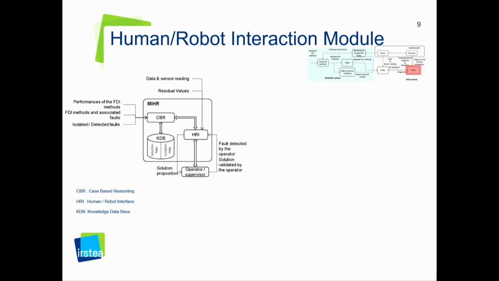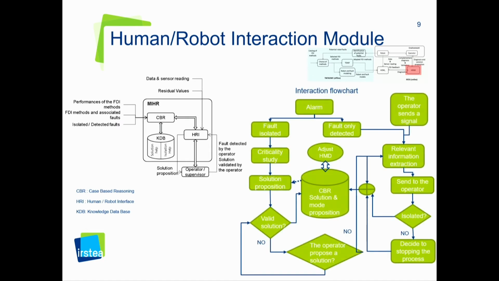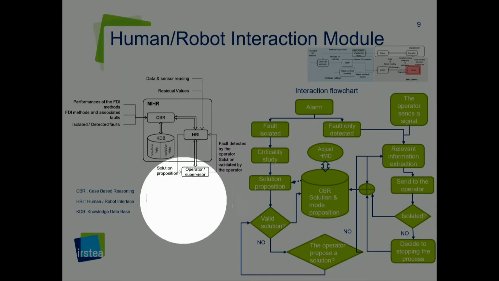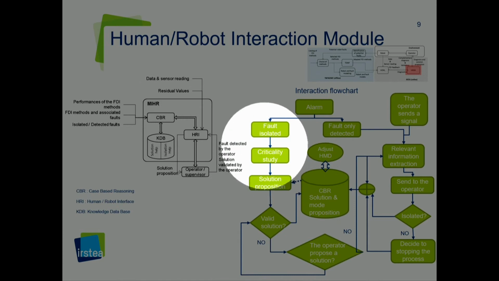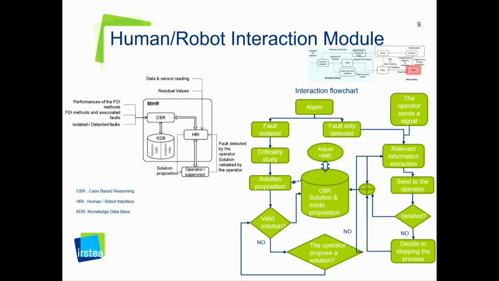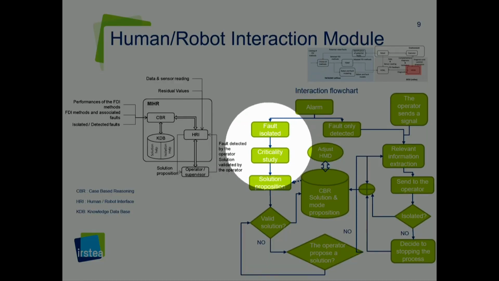Underneath that, we have this scheme. In the case where a fault is isolated, which means I know exactly where my fault is, what the problem is, I do a criticality study. I will not be talking about that, we don't have the time.